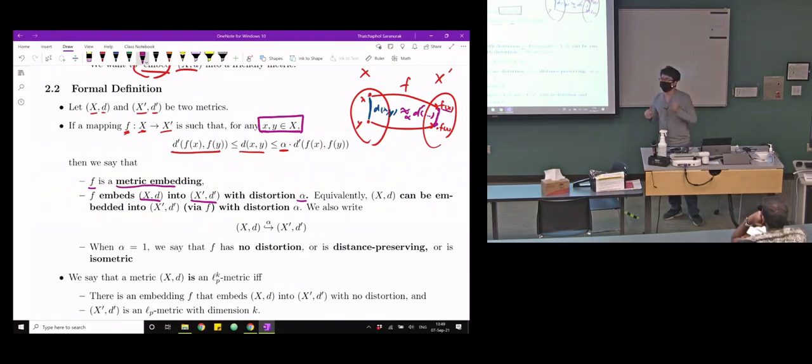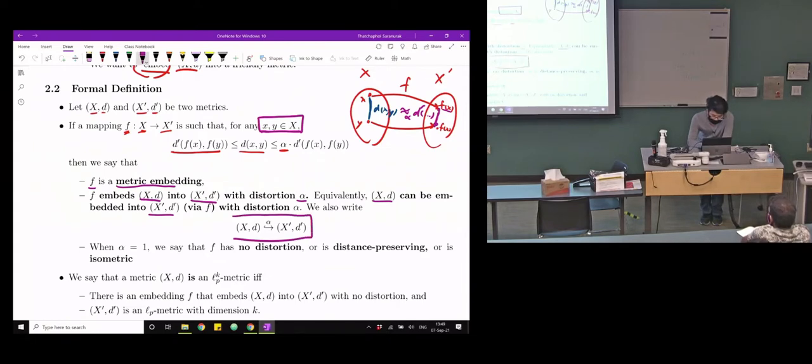Is the definition clear? All right. So equivalently, we can just say that X can be embedded into the second metric with distortion alpha.